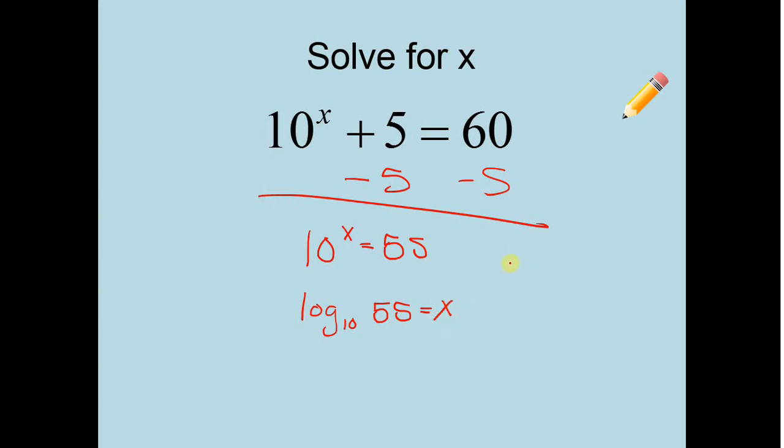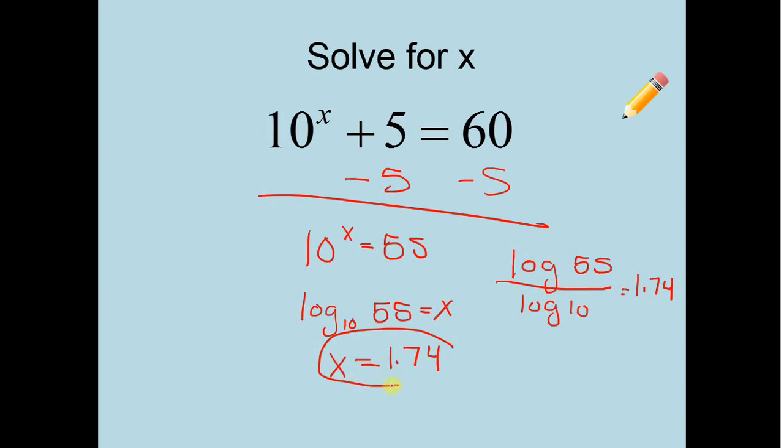I now need to do my change of base formula. So log of 55 over log of 10, and that is equal to 1.74 roughly. So we know x equals 1.74, and it does check out. You don't get perfectly 60, but you get around 60, which is just good enough.